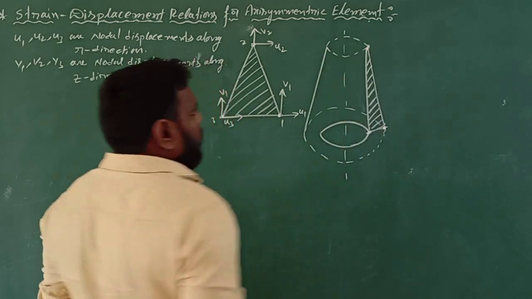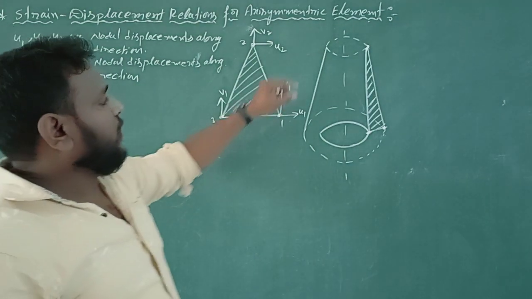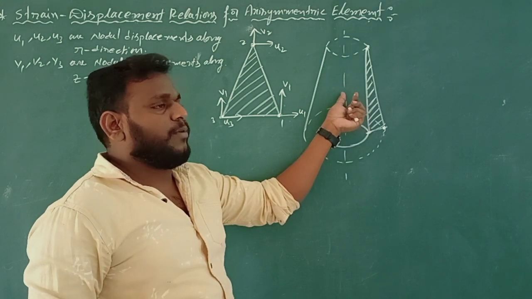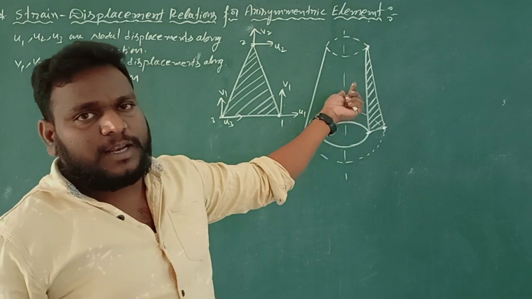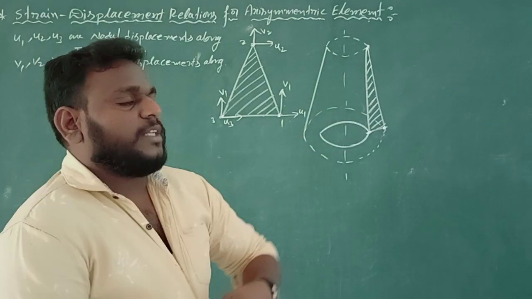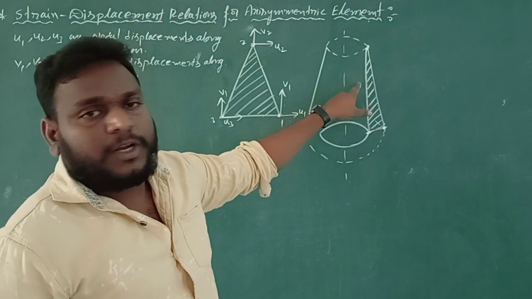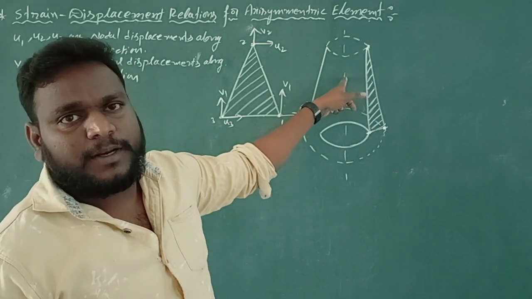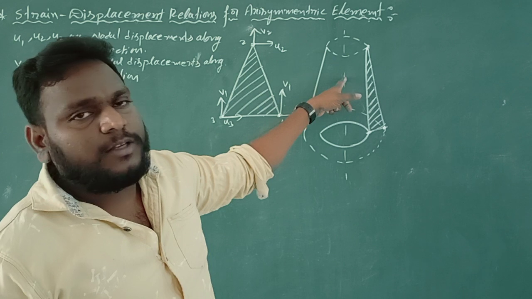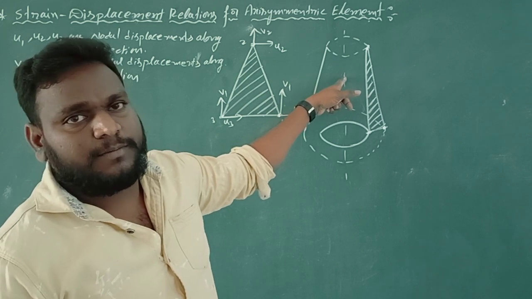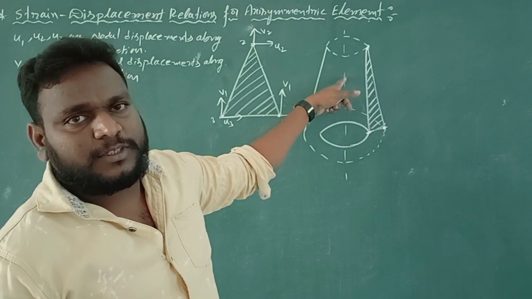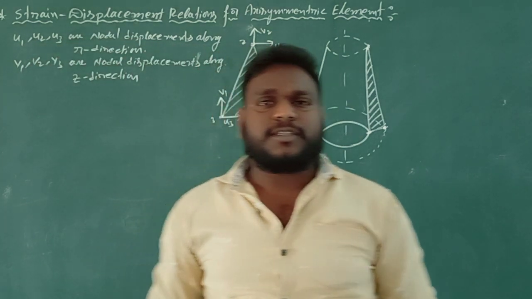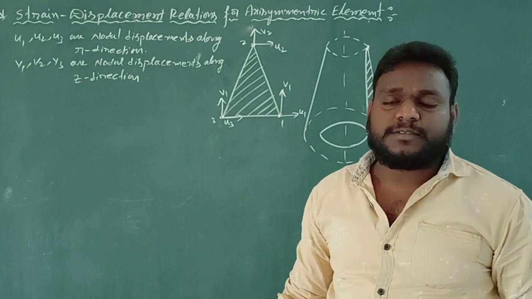So what is axisymmetry? Symmetric means the geometry is the same about its axis. Such types of elements we call axisymmetric elements. Also, the properties of the entire system are the same: the geometry about its axis, the material, the density, and the boundary conditions are all the same. Such types of systems we call axisymmetric systems.